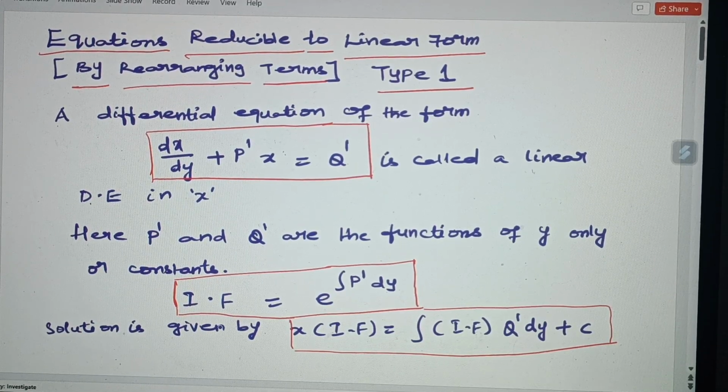Okay. So integrating factor का formula क्या दिया है? e raised to integral p dash into dy. Solution is given by x into integrating factor is equal to integral of integrating factor into q dash into dy plus c. Okay. So let us understand the concept by some examples.